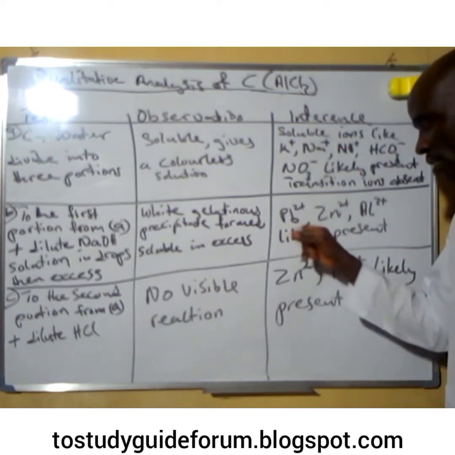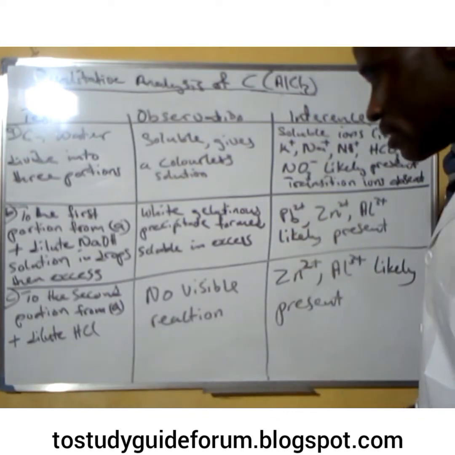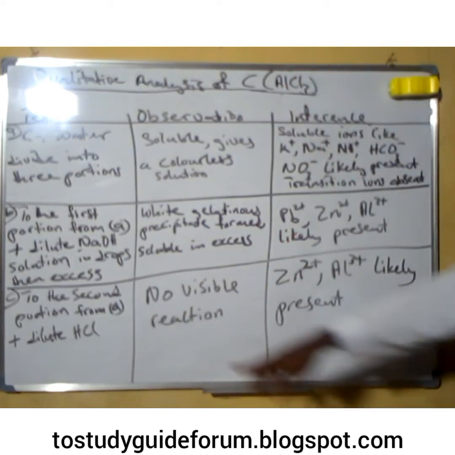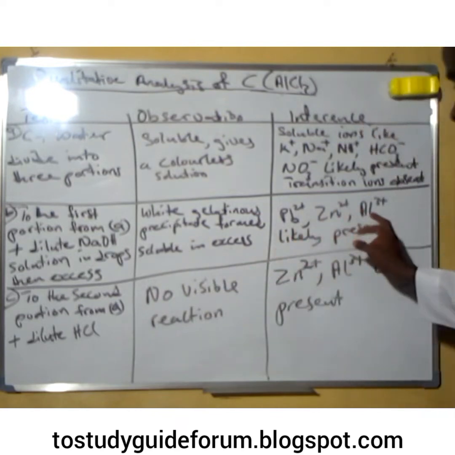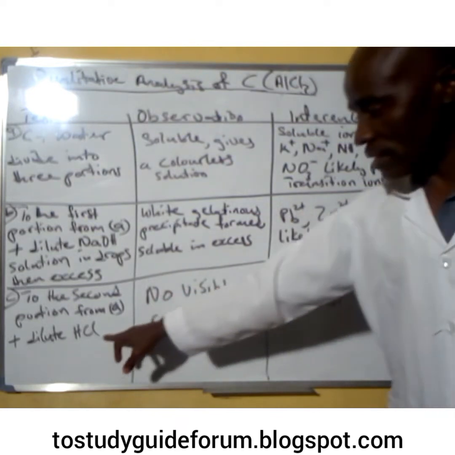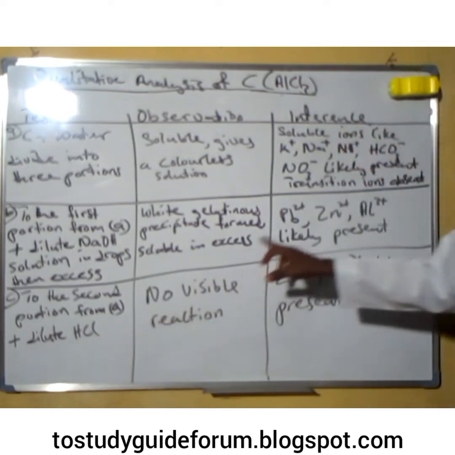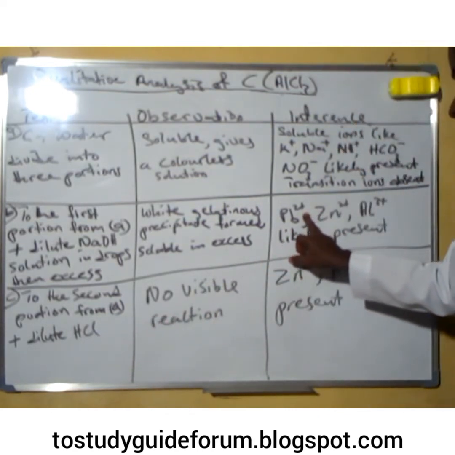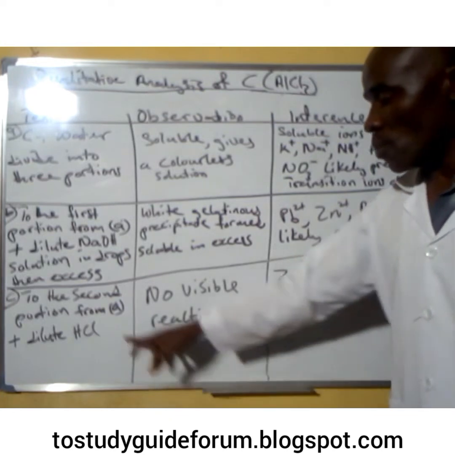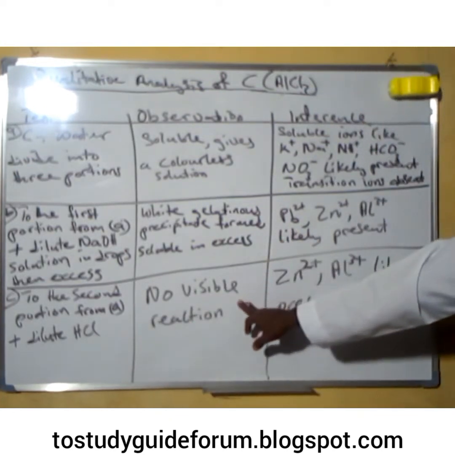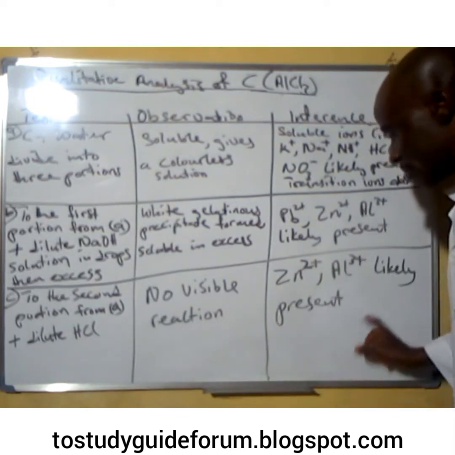Lead is absent, in the sense that lead has an insoluble chloride, because if lead is there, when you add this dilute hydrochloric acid, the chloride formed with lead ion will be insoluble to give us a white precipitate. Since there is no white precipitate here, it means that lead is absent.